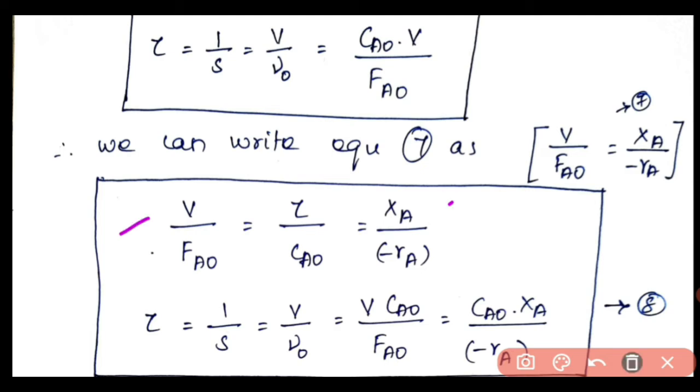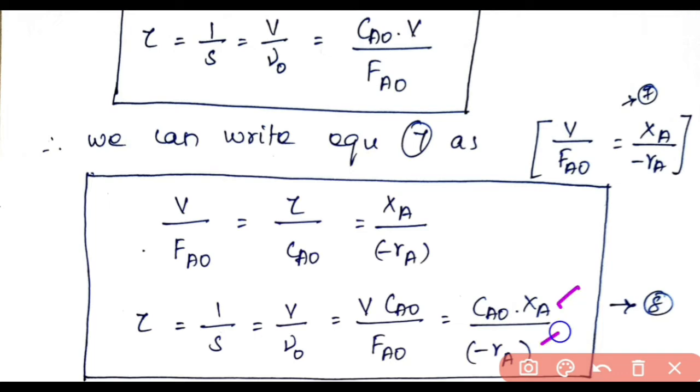Then tau is equal to 1 by S, that is equal to V by V naught, equal to V Ca naught divided by Fa naught, equal to Ca naught into Xa divided by minus Ra. Here Xa and minus Ra are measured at exit stream conditions, which are the same as the conditions within the reactor, and this equation number 8 is the desired performance equation for a mixed flow reactor, which is applicable for any value of epsilon A.